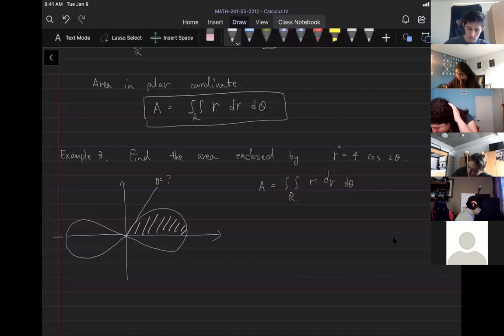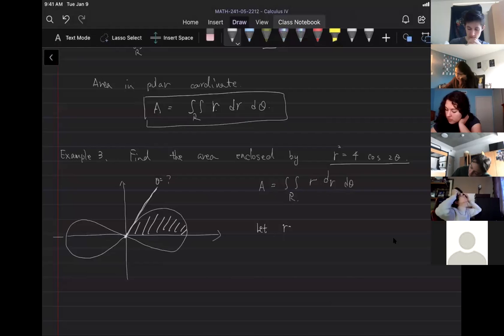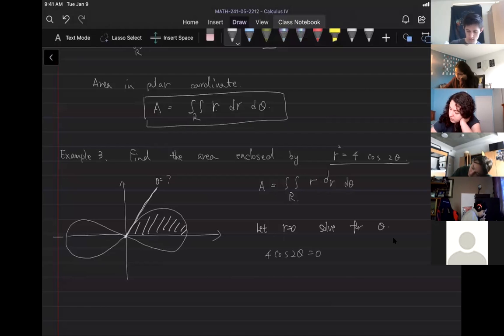So how do you find the angle? We let r equal 0 because it starts at the origin here. So we let r equal 0 and solve for theta. If r equals 0, that means cosine 2 theta equals 0, right?